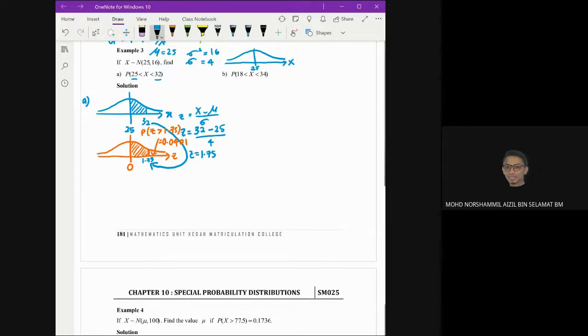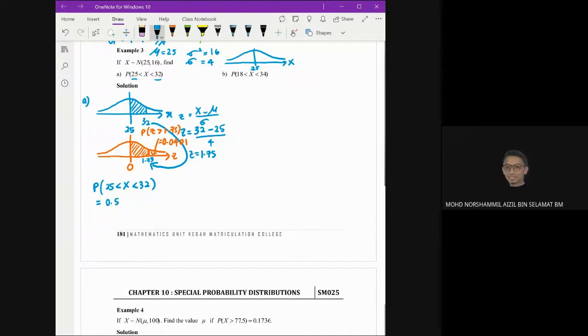Okay guys, so what happens to the calculation? To get the probability of X between 25 and 32, the calculation will be what? Half of the bell shape is how much? 0.5.